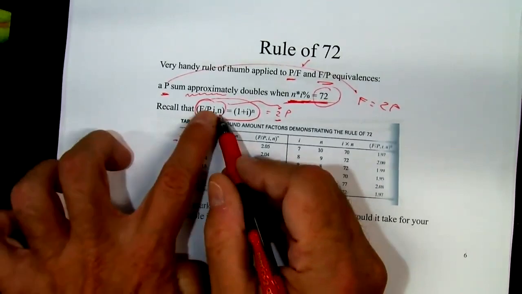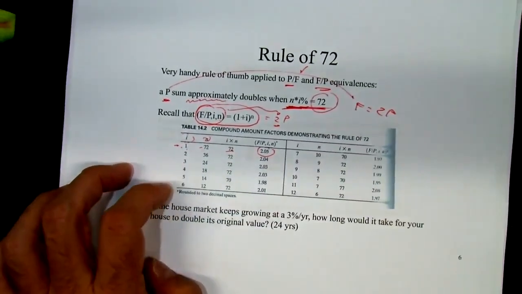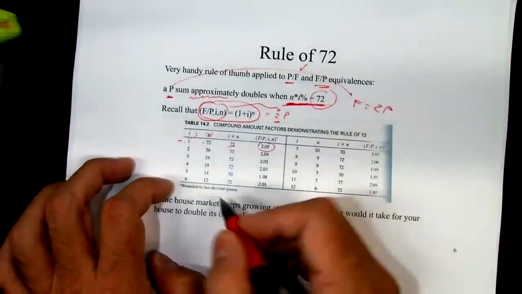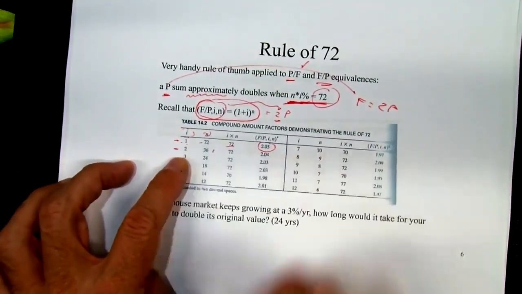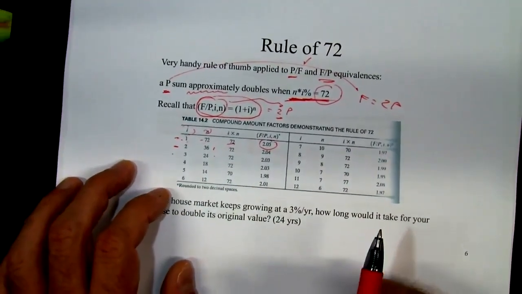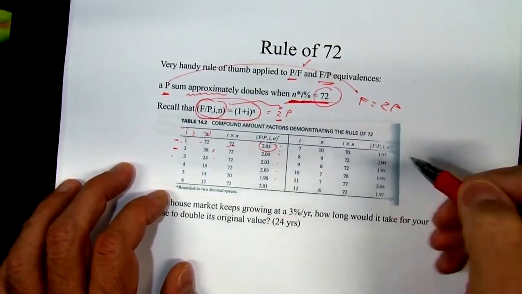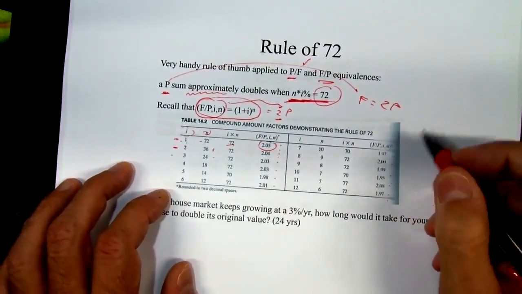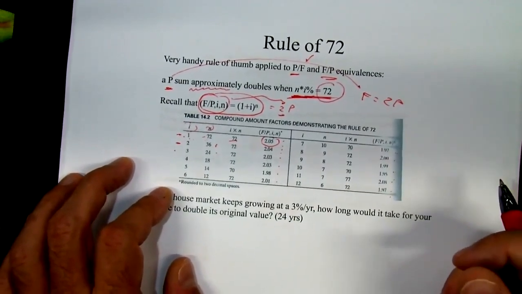If you plug this value into your factor, you're going to get the factor equal to 2.05, which is approximately double. The same happens if you have the combination interest rate 2%, number of periods 36, or 3 and 24, 4, whatever combination makes it 72. You will see that the resulting factor is always going to be close enough, if not even exactly equal to 2, which will double your initial amount.